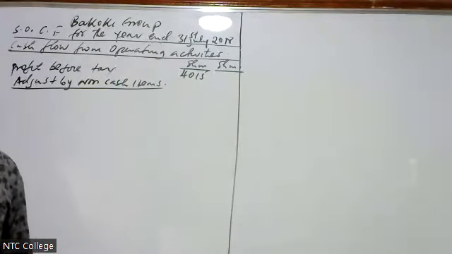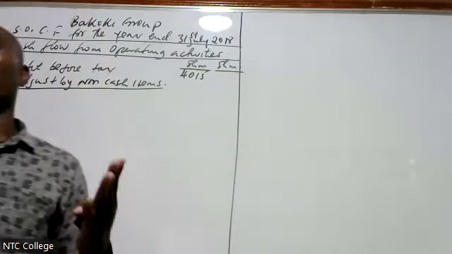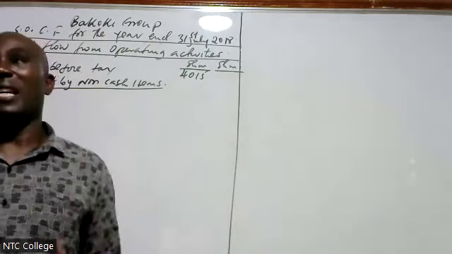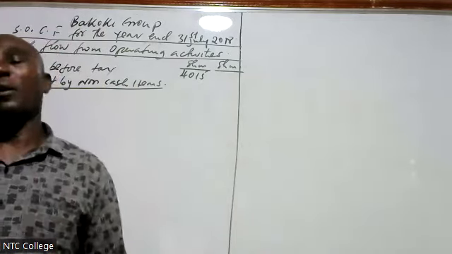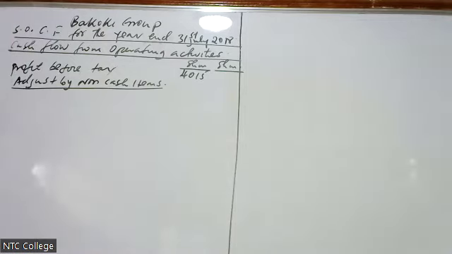I'm not saying that don't use it, because you need to revise on it. You can go to an exam and the examiner wants the direct method. But if the examiner is silent, kindly go for the indirect method. What we are doing is the indirect method. That is the most common.